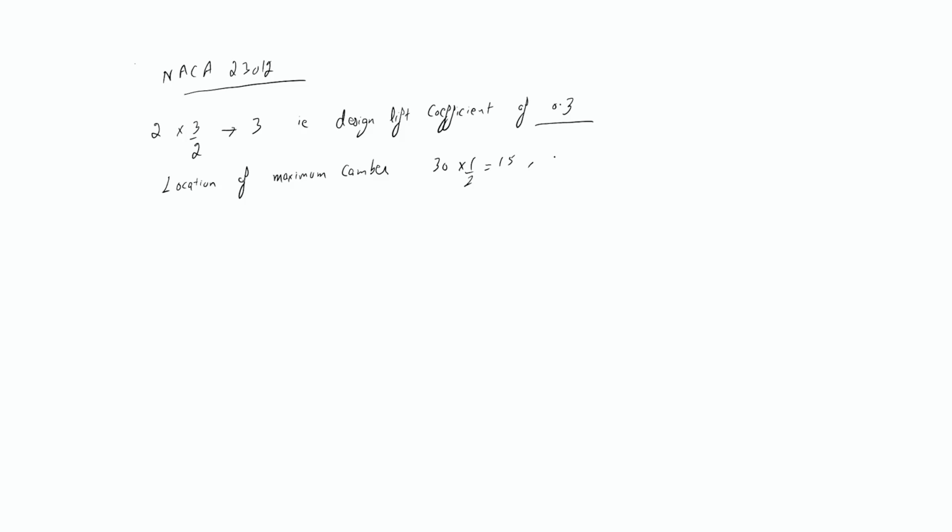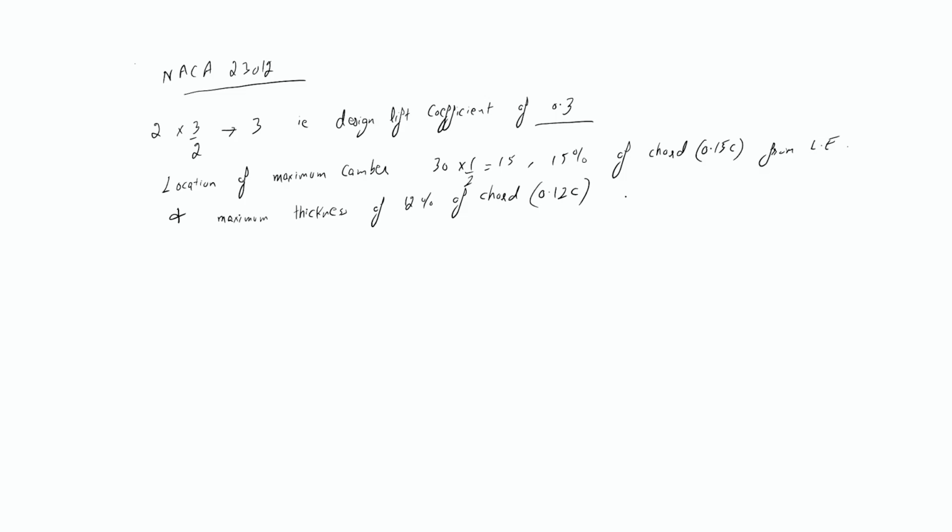But that means 15% of chord, 0.15 C from the leading edge, and finally the maximum thickness of 12% of chord. You can mention here 0.12 C.